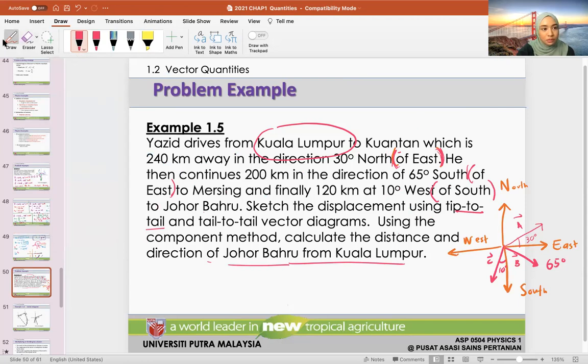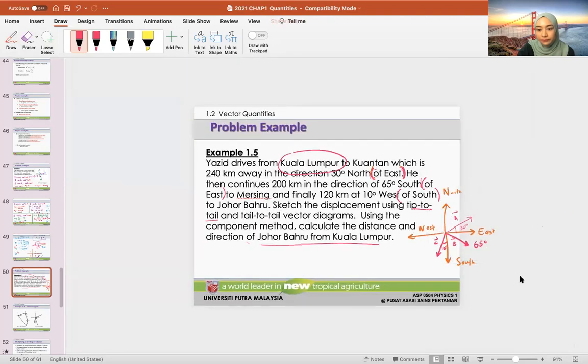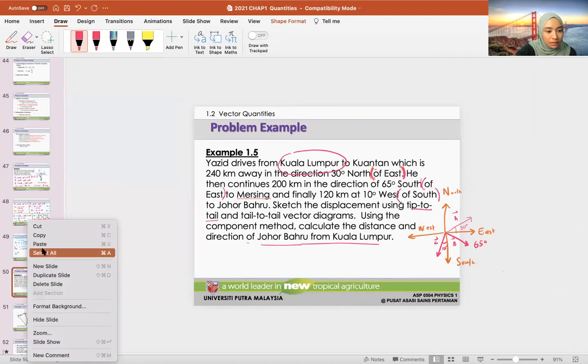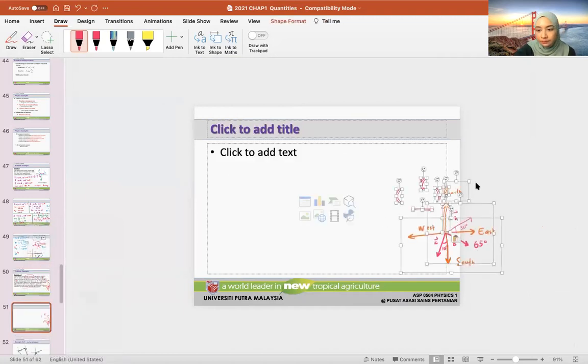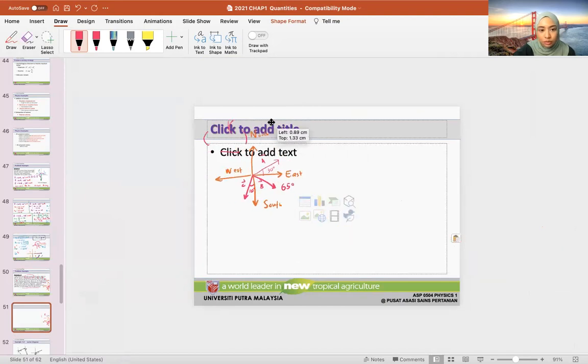Let me copy this one because I don't remember. Wait a moment, everyone. Okay. New slide. Okay, so let's do that example. Tail to tail method.